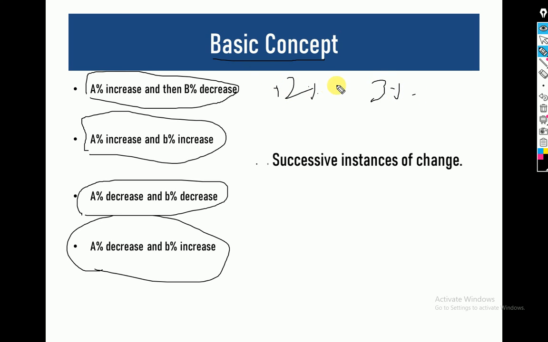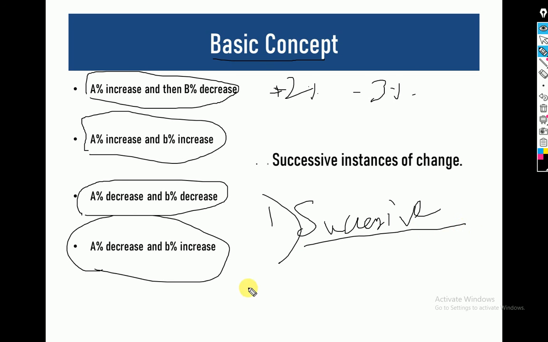So the first method that I'm going to talk about is the successive increase or successive decrease. First it says that the number is increased by 2%, and then it says that the number is decreased by 3%.